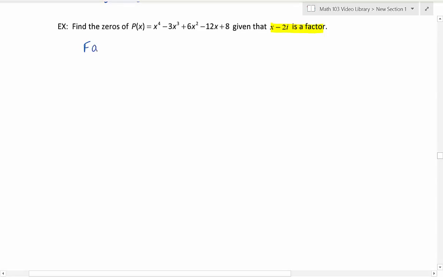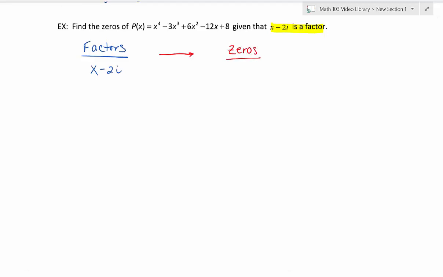Notice that it has an imaginary number in it. So we have the factor x minus 2i. From every factor, we can obtain a 0. We get the 0 by setting our factor equal to 0 and solving.